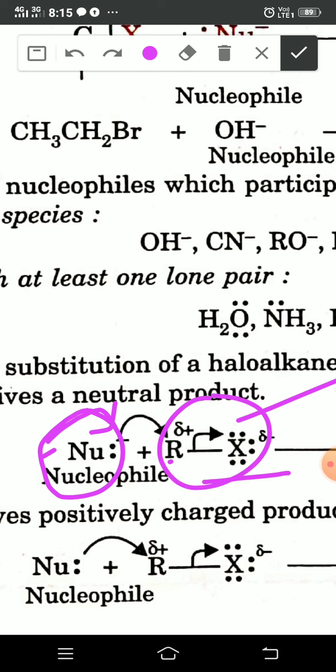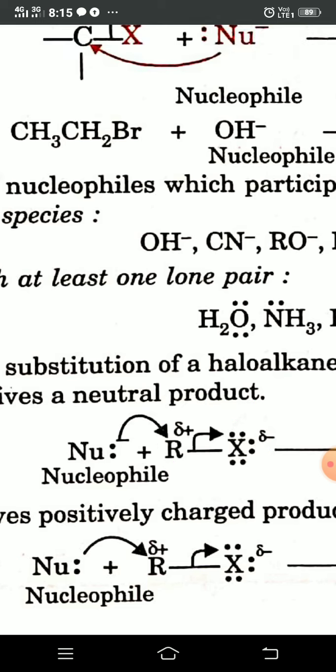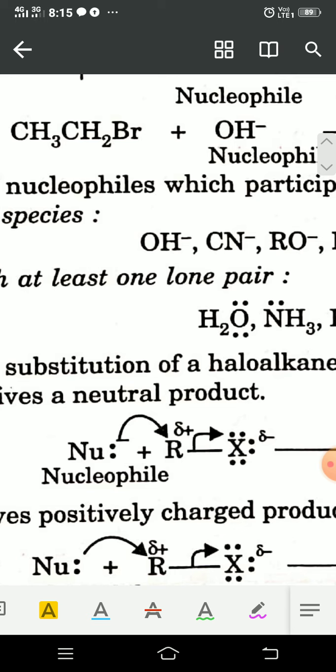But what happens in the case of SN1 reaction?